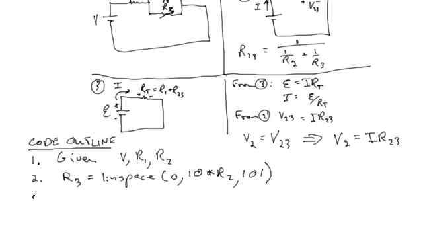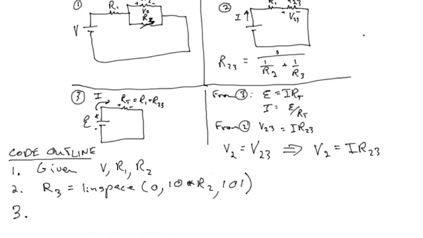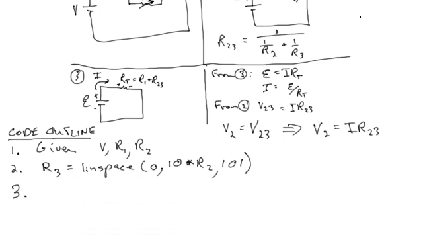Then calculate R23, which equals 1 over (1 over R2 plus 1 over R3).